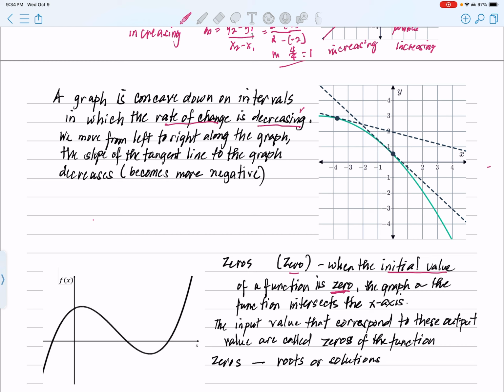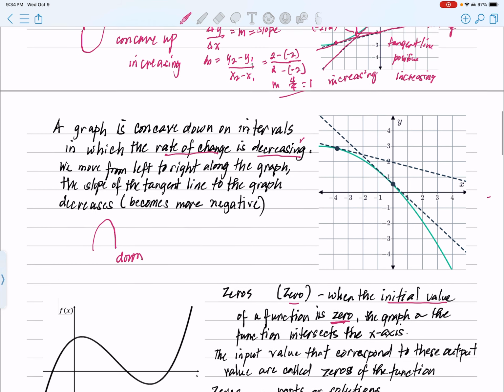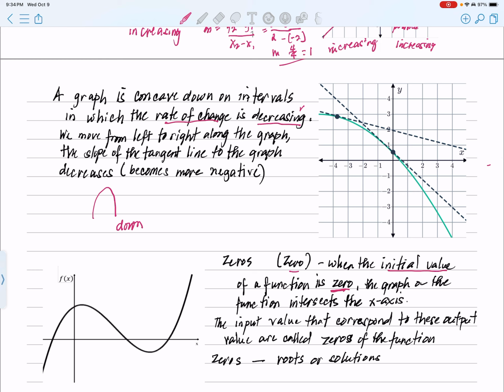It's just like a ball that is facing down. Okay, face down. And this is how a concave down looks like. And when it's down, we always see that it is decreasing.